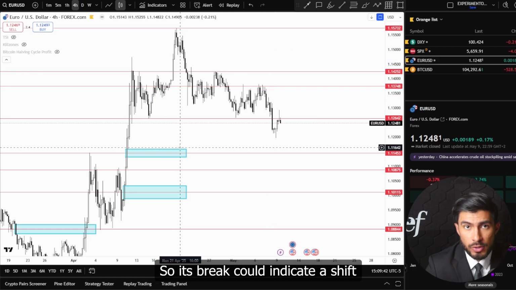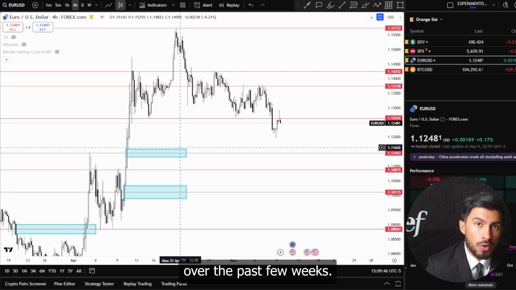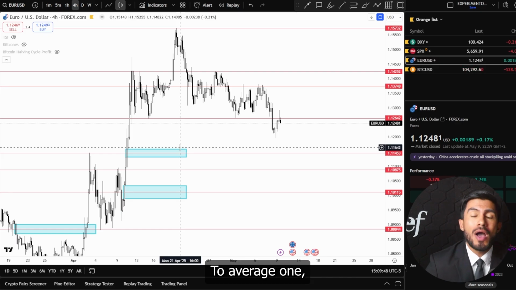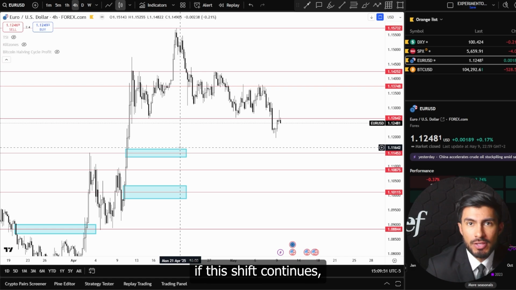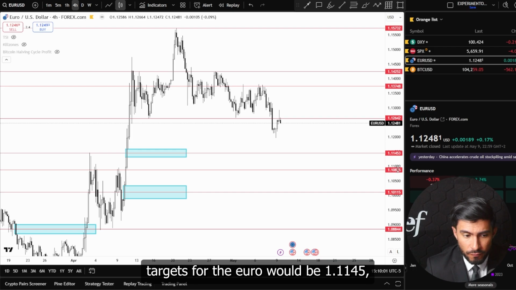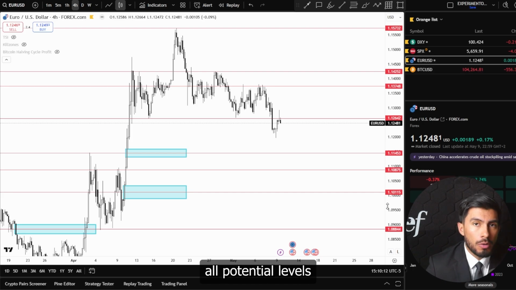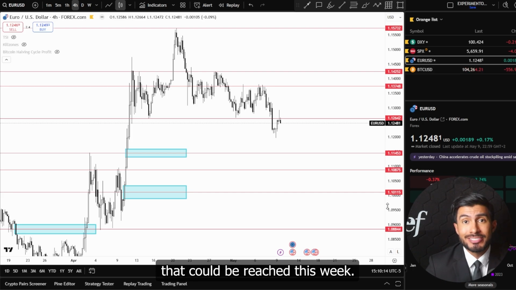So its break could indicate a shift from the bullish structure we've been discussing over the past few weeks to a bearish one. If this shift continues, the downside targets for the euro would be 1.1145, 1.1087, and 1.1011, all potential levels that could be reached this week.